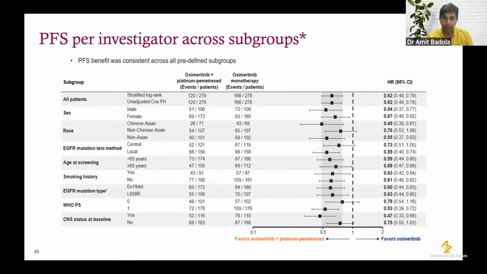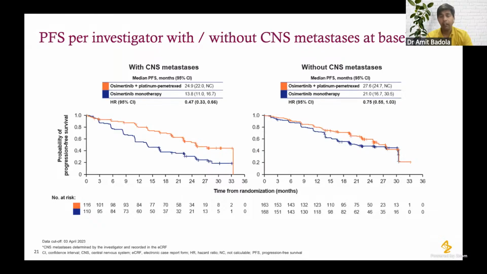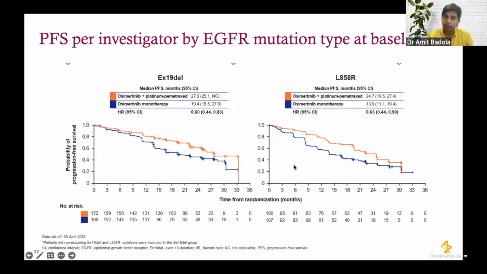If we see the PFS in CNS metastatic patients also, the progression-free survival was around 24 months, which is really good. Patients with brain metastasis were living more than 2 years. It's a big achievement.